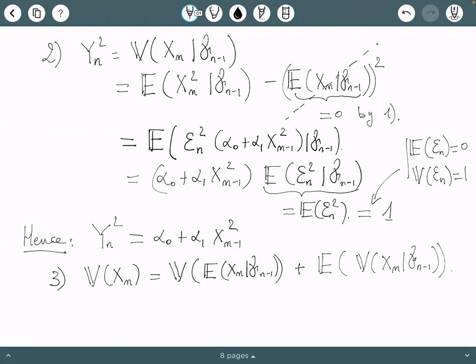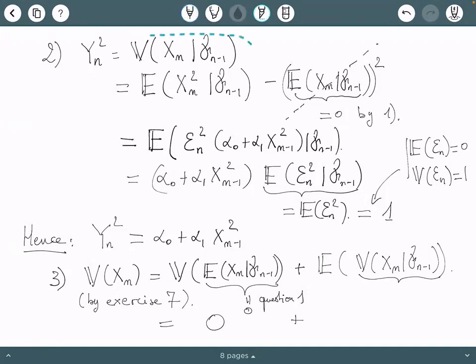Okay, it is by the exercise, I don't remember the number of the exercise, 7, I think. But in question 1, we have seen that this guy is 0. This was question 1. So it is 0 plus, and this guy is exactly the guy which is written here.